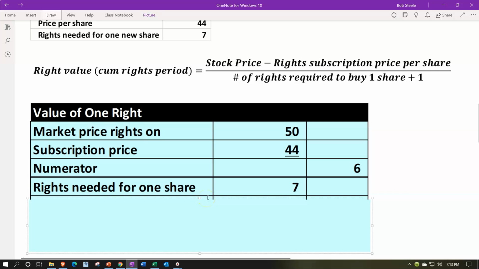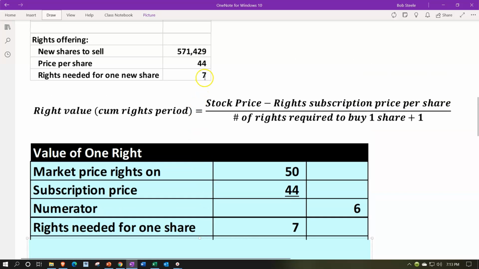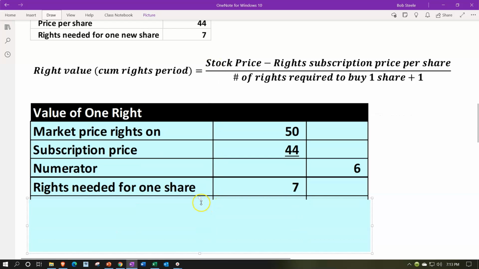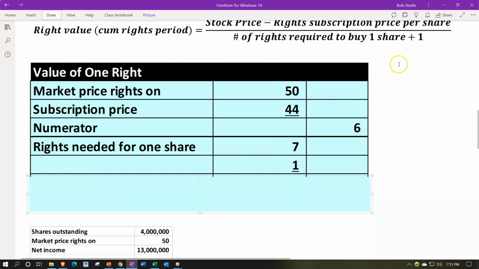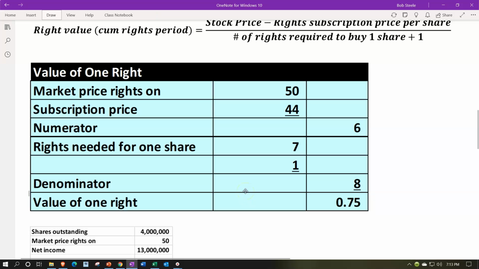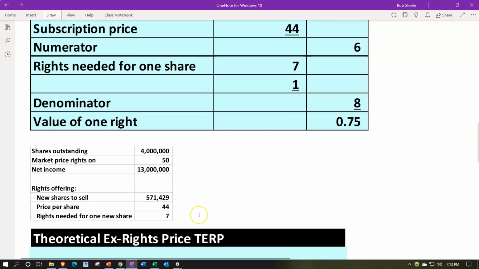The rights needed for one share, there are going to be 7 rights needed along with the discounted amount of $44 in order to take advantage of that discounted price, plus 1 in accordance with our formula. That brings us to 8. So we have 6 divided by 8, which is 0.75. That's going to be our value of one right.